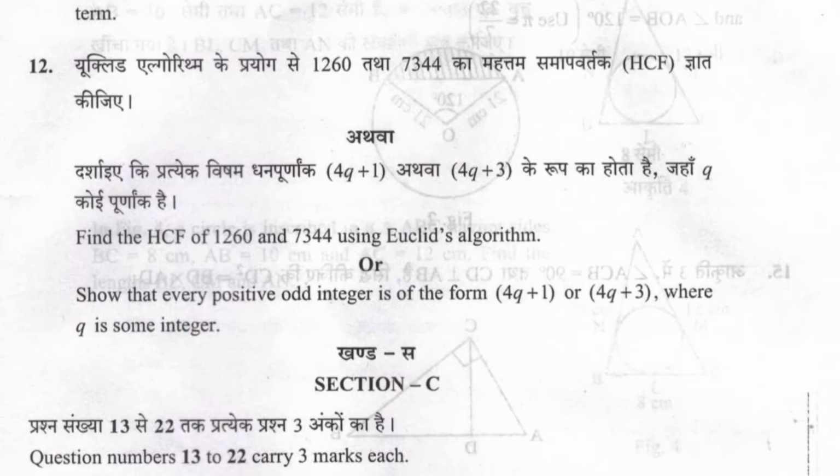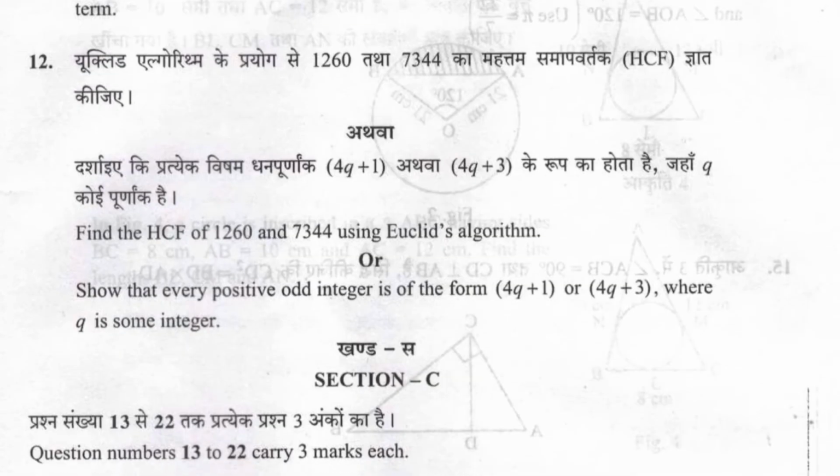12th question. We have to find the HCF of 1260 and 7344 using Euclid's algorithm. In this question, we need to find out the HCF of 1260 and 7344 using Euclid's algorithm.